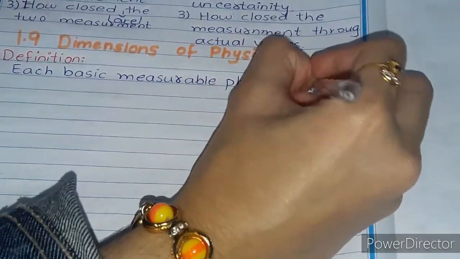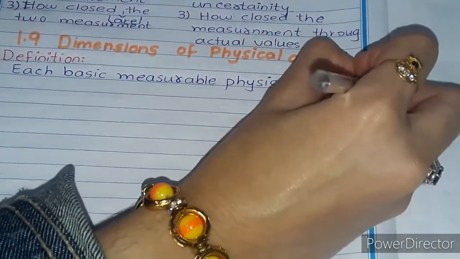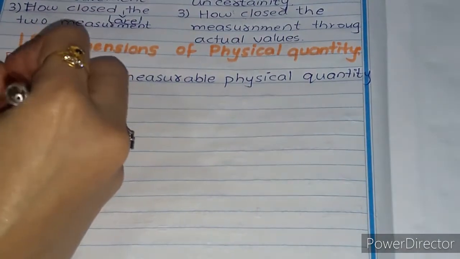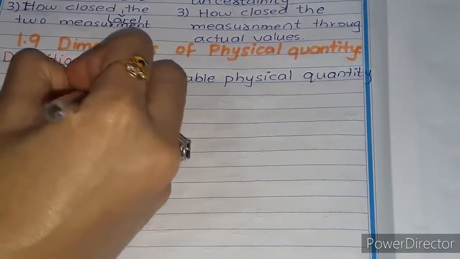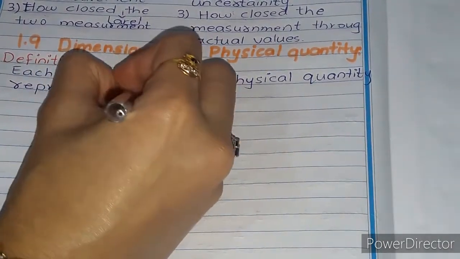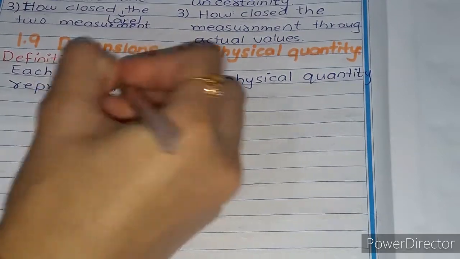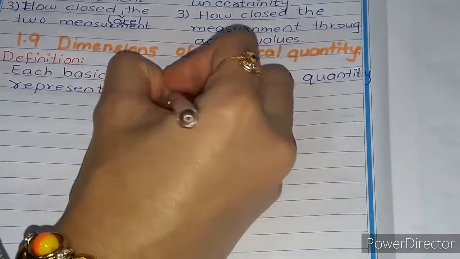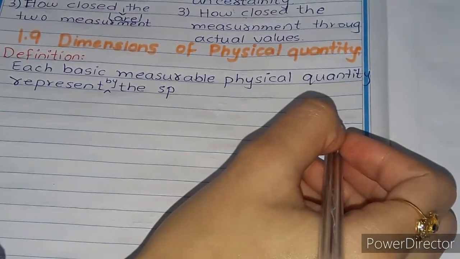Physical quantity represents what? It is represented by the specific symbol, like लेंथ का कैपिटल L, मास का कैपिटल M.